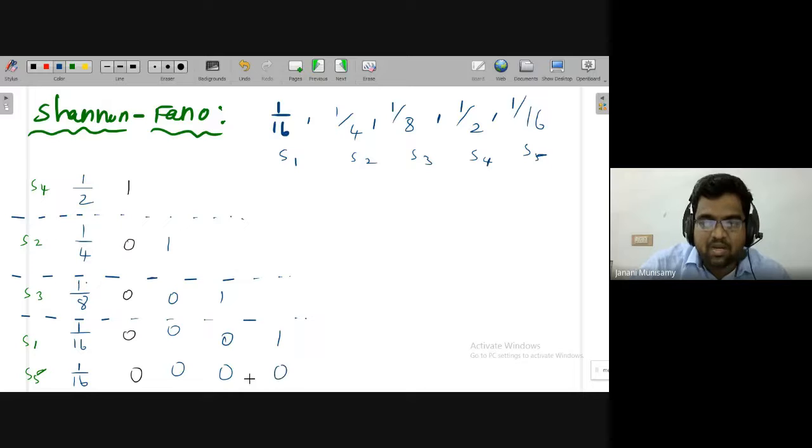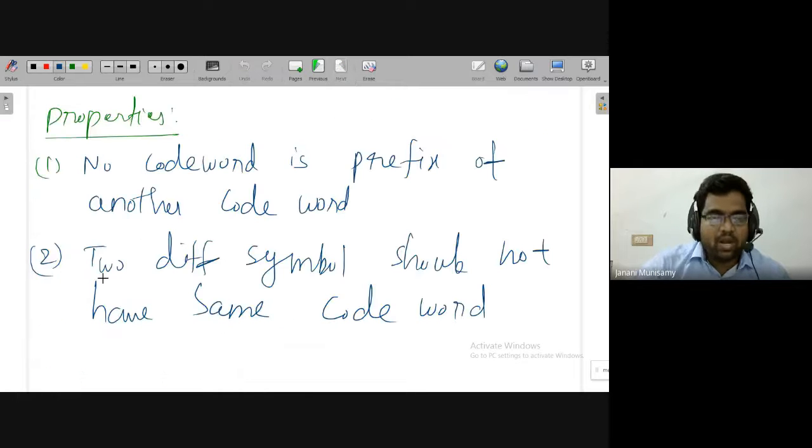So definitely it must have different code words. That's by common sense you can understand.